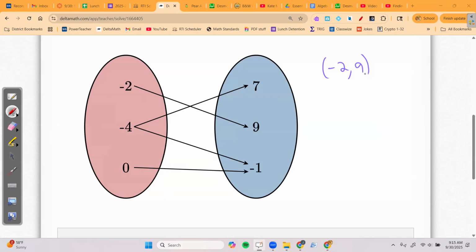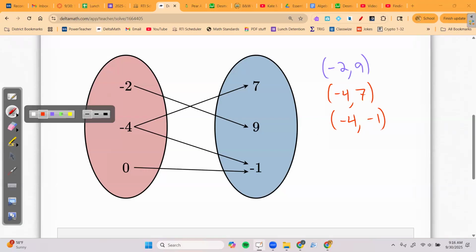You can see a mapping, an arrow that goes from an input, an x of -2, and it maps or outputs to 9. Do you see it? That's an ordered pair. Give me another ordered pair from this mapping diagram. -4, 7. Give me another one. -4 also maps to -1. And then give me another one. 0 maps to -1.